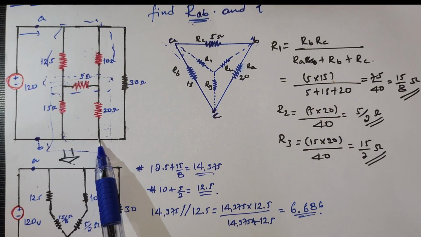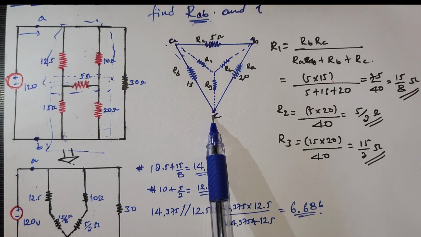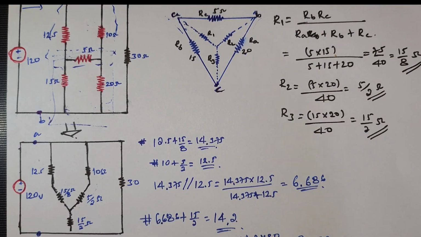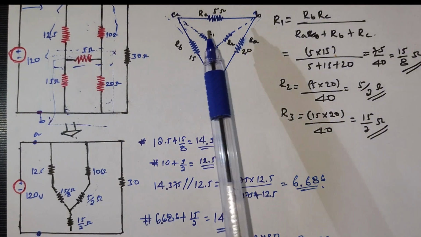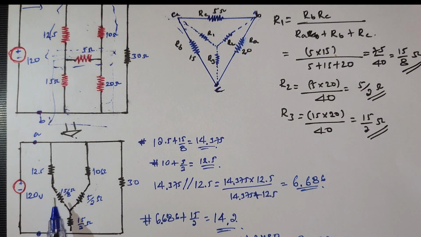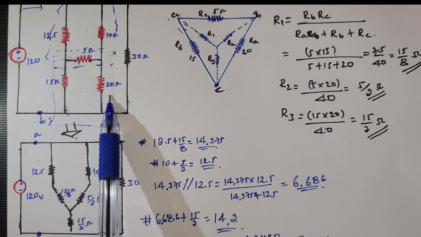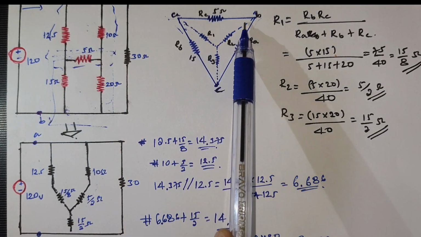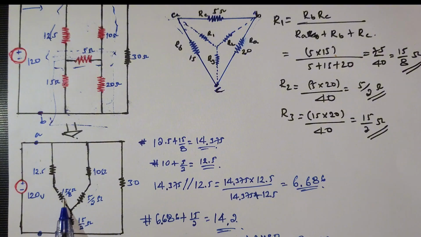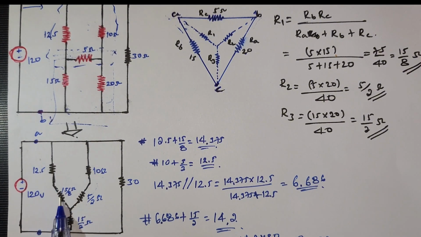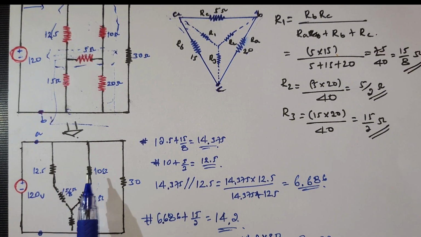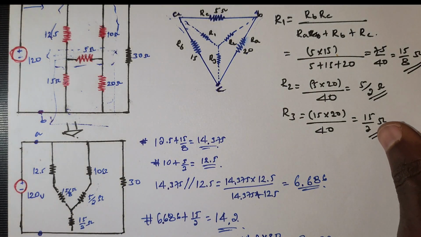This short circuit is reduced into a single junction. When this is transformed into a Y network, we will find resistors in series, and this part is in parallel. So we're gonna simply calculate the equivalent resistance after we transform.